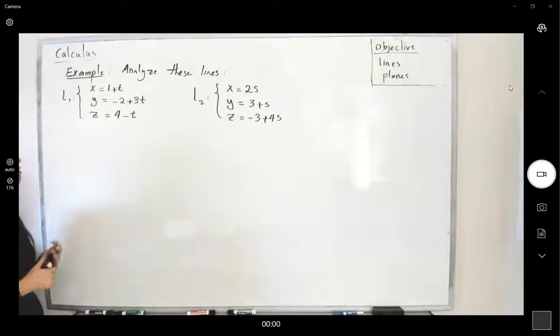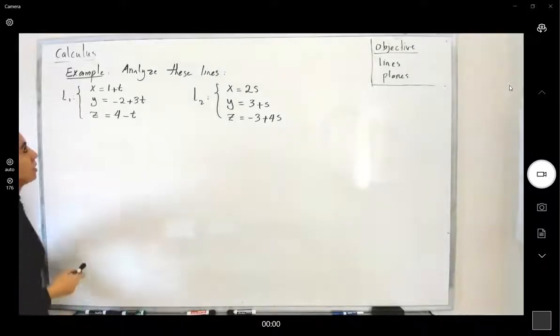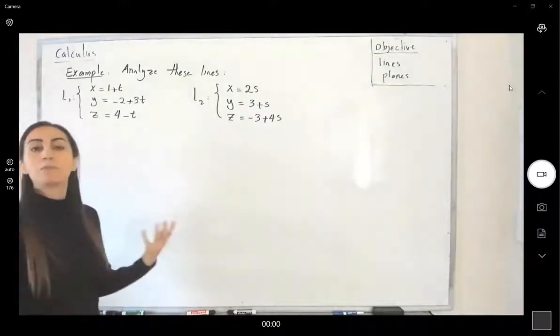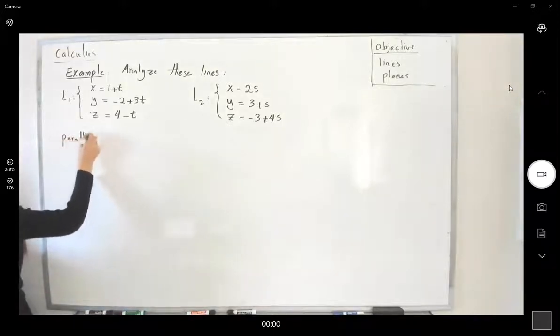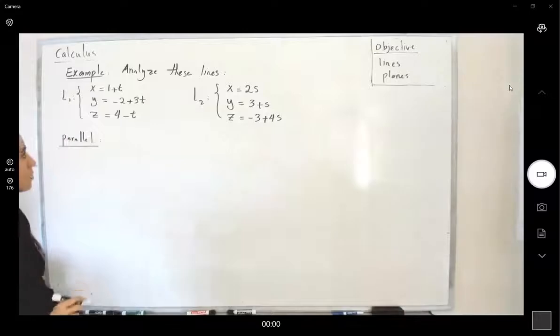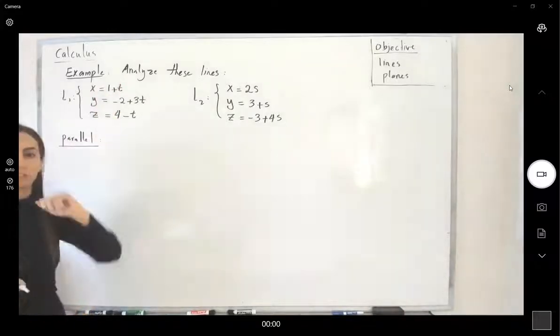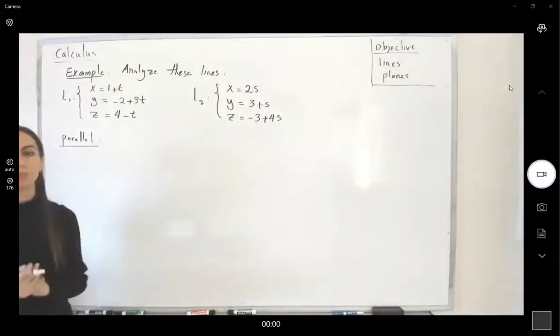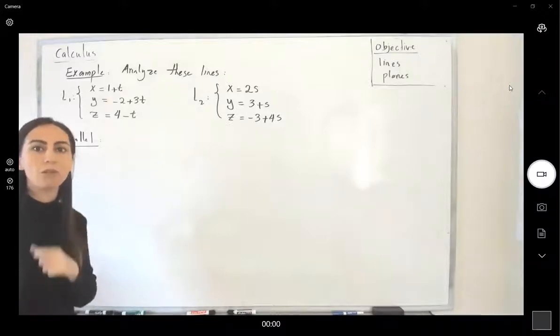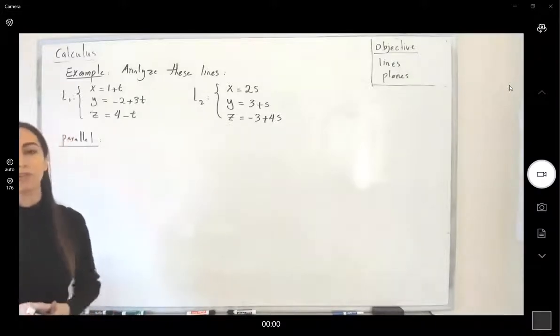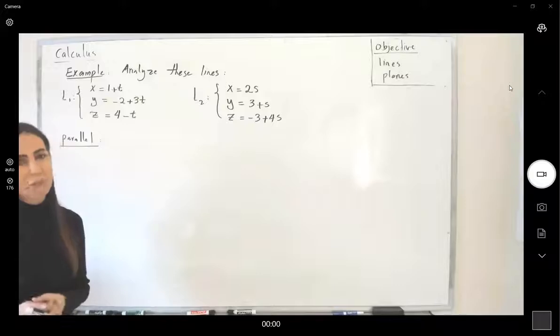Well, okay, we have two lines. Are they parallel to each other? Let's check to see if they are parallel. We need to find the direction vectors of these two lines. If they are multiples of each other, we say that they are parallel lines.